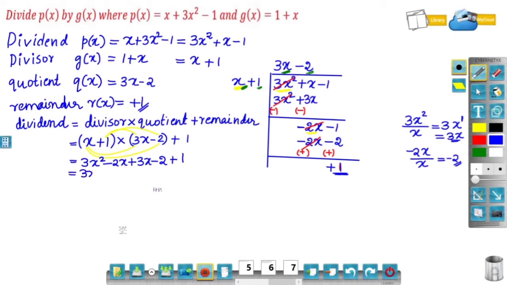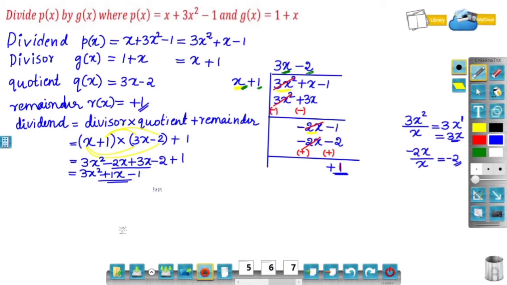Now 3x square, see here, minus 2x and plus 3x, they are like terms having same variable. Minus 2x plus 3x is plus 1x, minus 2 plus 1 is minus 1. That is the dividend, 3x square plus x minus 1 we got.